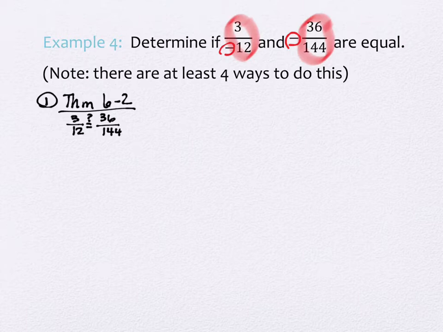I don't know for sure that they are; it's me asking the question. What has to be true is that if I multiply the diagonals together, I get the same thing. So I want to multiply 3 times 144 and multiply 12 times 36 and compare them. So grab a calculator out if you don't have one. I will do the same.